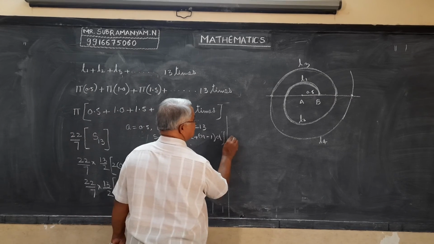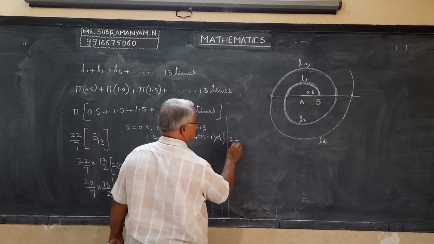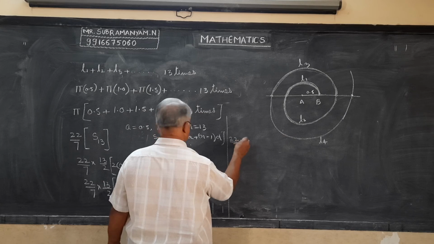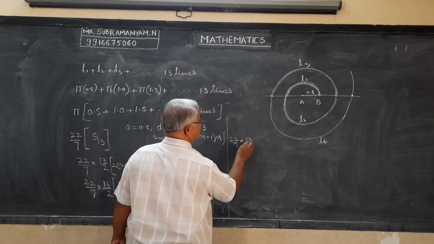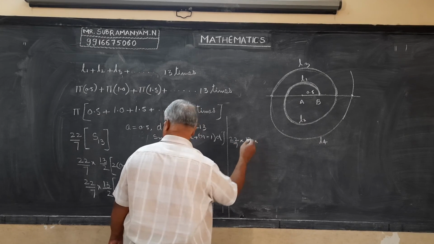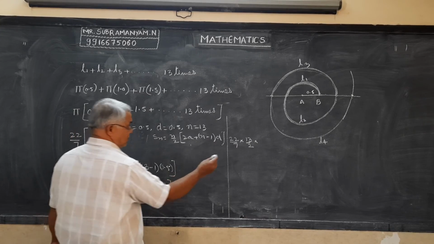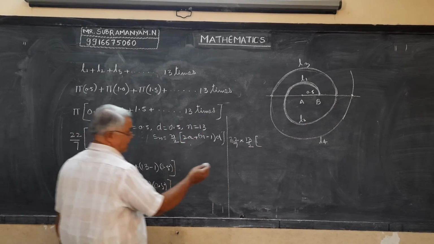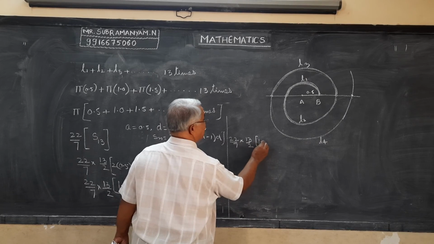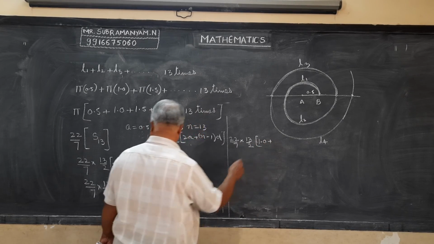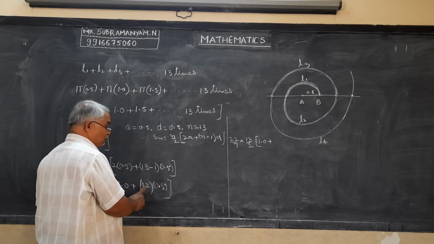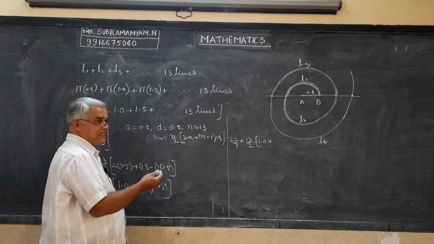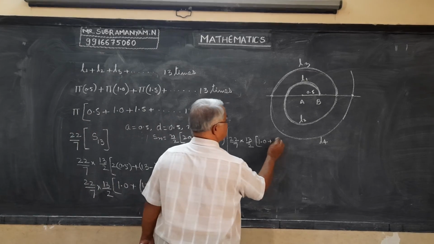22 by 7 into 13 by 2 into, we write the square bracket here, 1.0 plus. We will multiply 12 with 0.5. 12 fives are 60, that means 6.0.